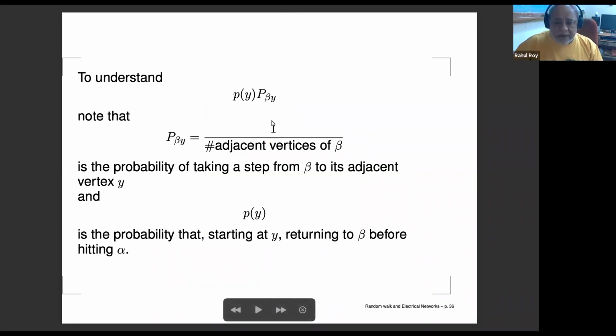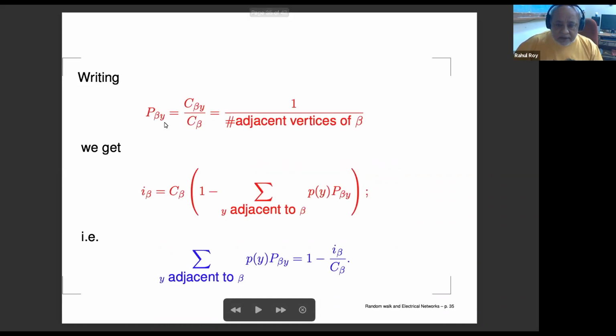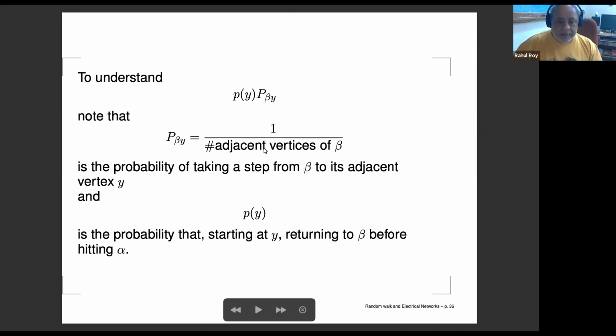Remember, P beta y is nothing but 1 over the number of adjacent vertices of beta. This is exactly what we got here. This is the probability of taking a step from beta to its adjacent vertex y. Because if there are k adjacent vertices, this is just 1 over k, the probability of taking the first step.